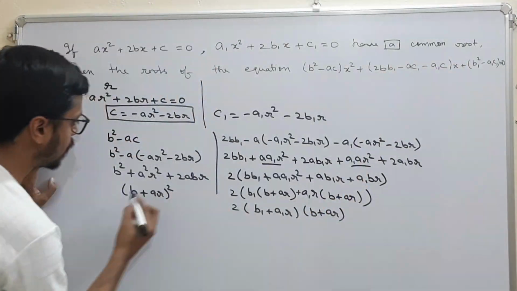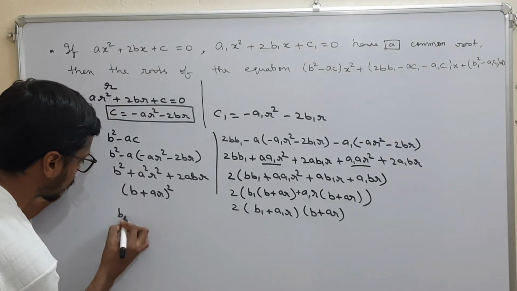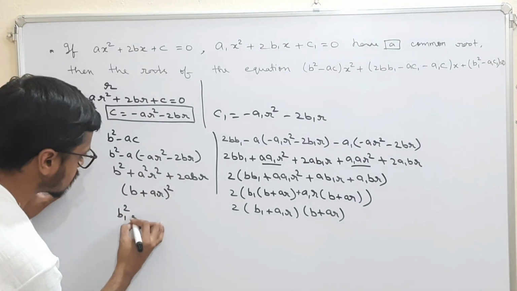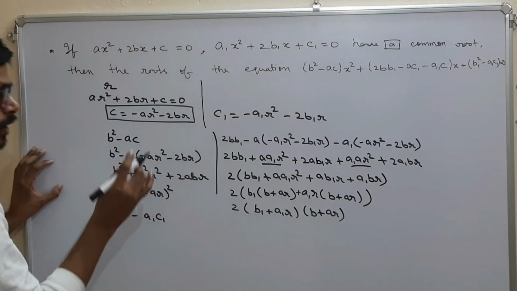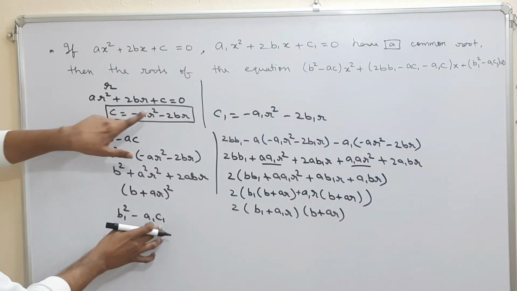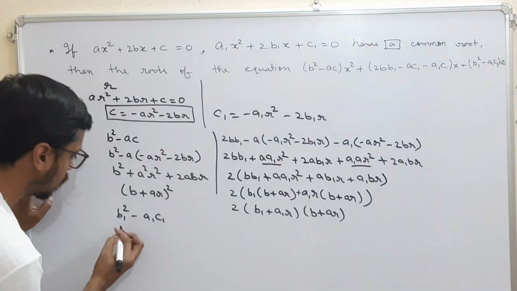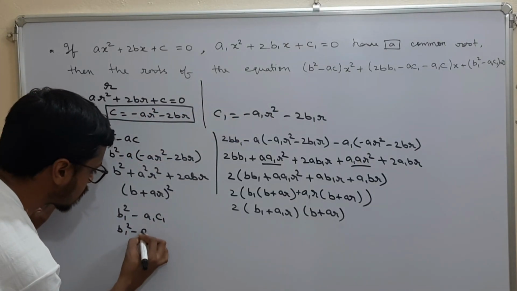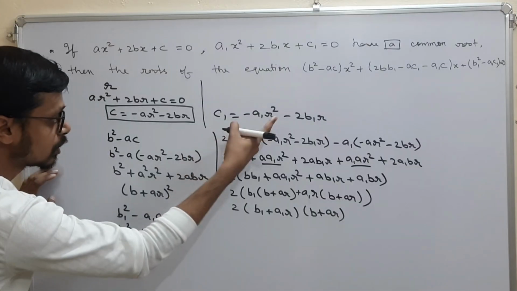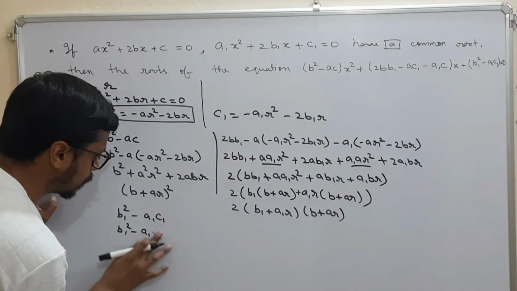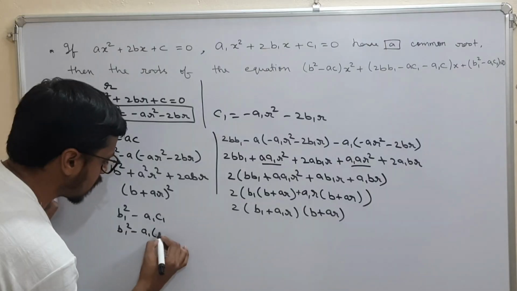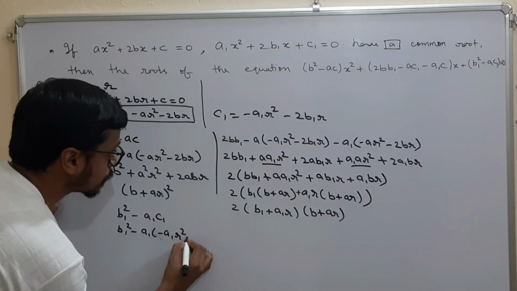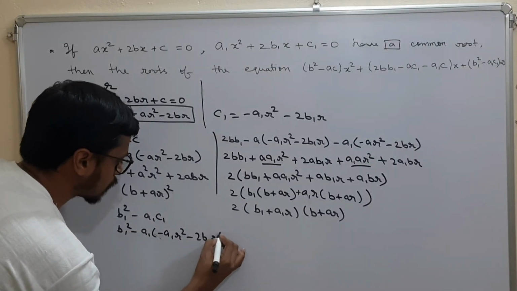The last part, b1 square minus a1c1. Okay, this c1 value, if you substitute the one which we got, so b1 square minus a1 times c1, which is minus a1 r square minus 2b1r.